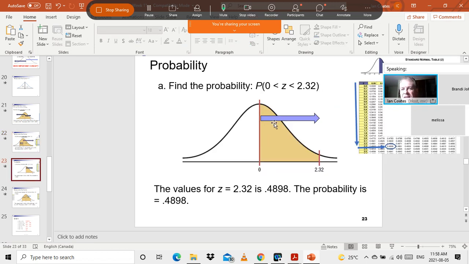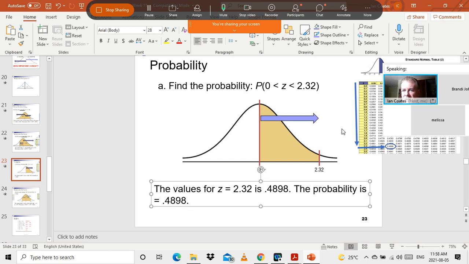This one here has just a little bit of different notation. Find the probability of a z-score between 0, so that's your mean, and positive 2.32, right there. So we want to find all of this. We don't have to deal with this side. Just ignore it. We're only dealing with the probability of this space here. And remember that the z-table measures from here out.